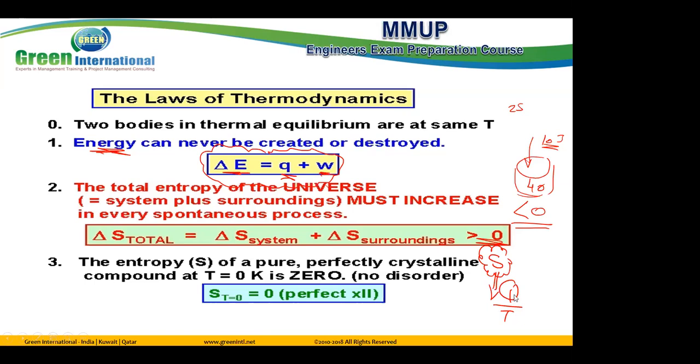But Q is the same value with a different sign. For example, here heat is going in, so it's positive, and going out of the surrounding means negative.